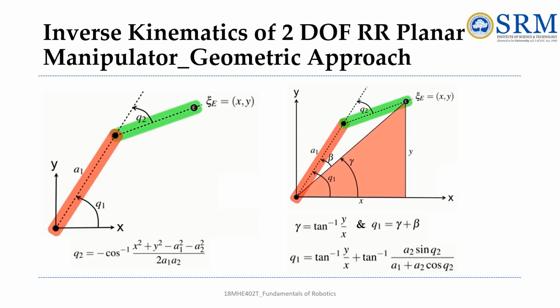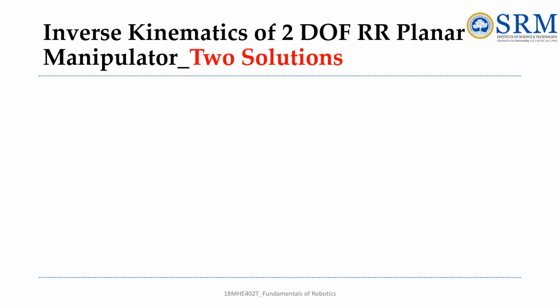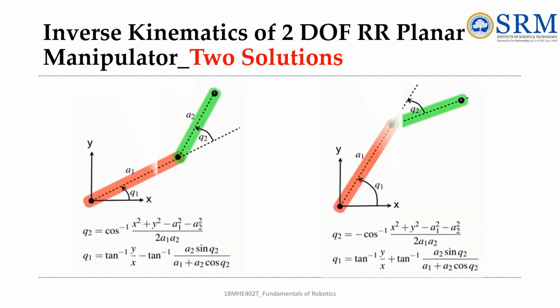Here you will have the positive side; the sign change will be there if you are considering the opposite side. So here are q2 and q1 if the link is twisted on the other side. You can see the two solutions of the same 2 degree of freedom RR planar robot. We have solved only the first method; in the second method you will have the change of sign if it is twisted on the other side.